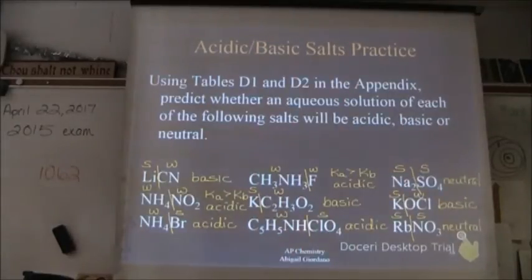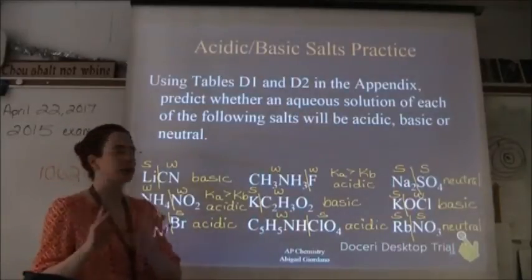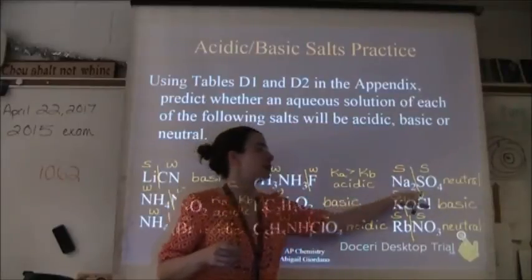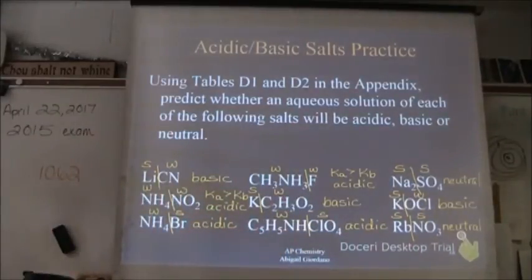All right, check your answers, guys. I'm sorry it's so scattered. I am going to say something a little more in depth about this salt, but are any of the other ones confusing you?